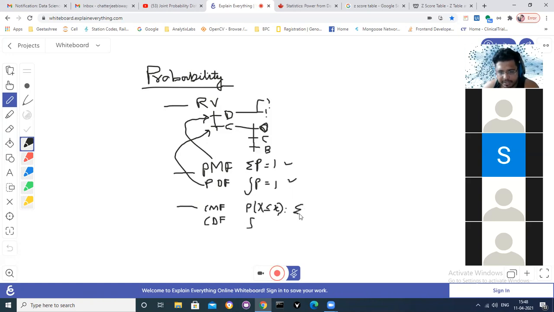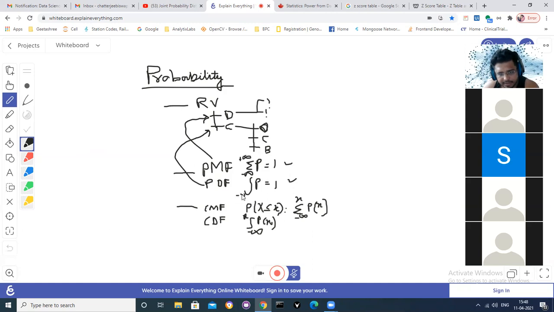Here it will be a summation from minus infinity to x of p(x), and here it will be an integration from minus infinity to x of p(x). Here it is minus infinity to plus infinity, the entire space, the entire region.